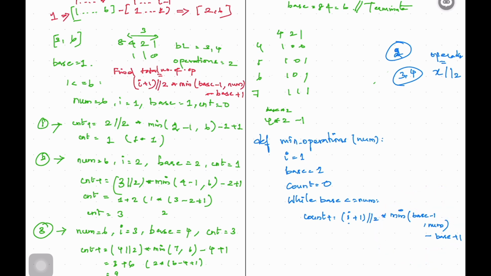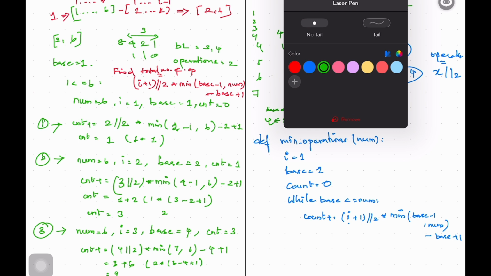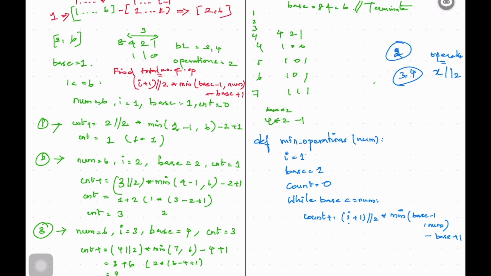Okay, for example, let's assume we have binary numbers 1, 2, 3, 4. Now our i is 3. Got it? Let's assume our i is 3. When i is equal to 3, our base equals 4. Till this point you would have already appended the count.